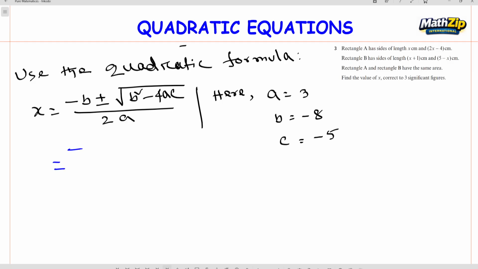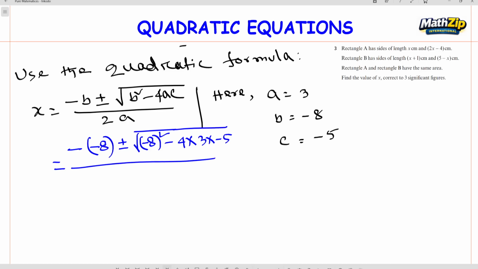So minus b is minus times minus 8, plus minus root over minus 8 squared minus 4 times a, means 3, times c, means minus 5, over 2 times a, means 3.